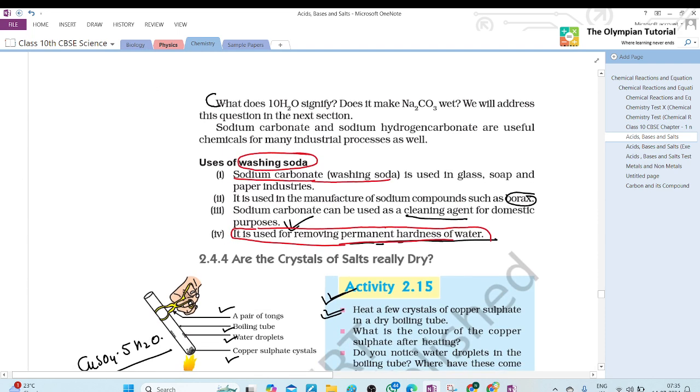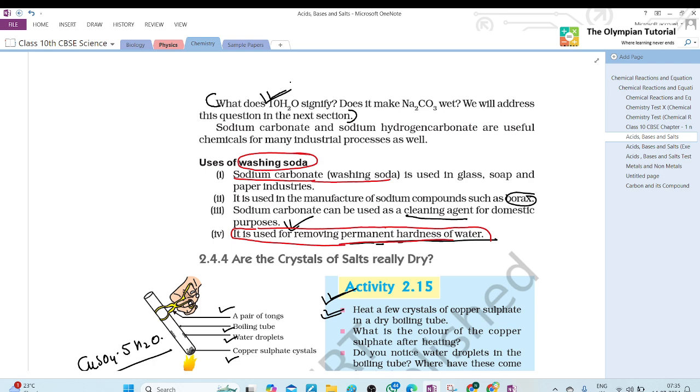Read this line. No need to write, only read it. What does 10H2O signify? Does it make Na2CO3 wet?